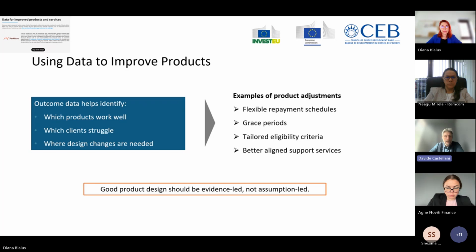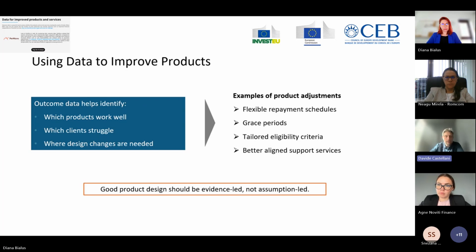And then analyze outcome data to identify product gaps. For example, there are certain clients, I don't know, women, migrants, rural clients, or female migrants, male migrants, that consistently show lower outcomes, or, for example, even higher dropout rates. Because there is something important to understand here.